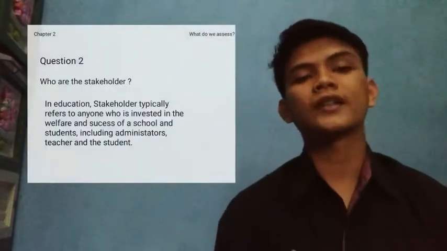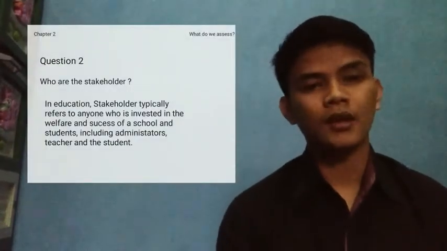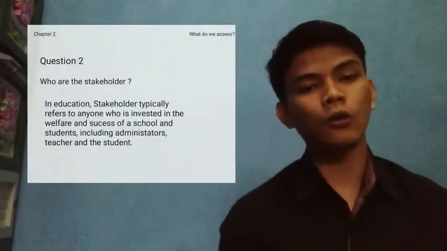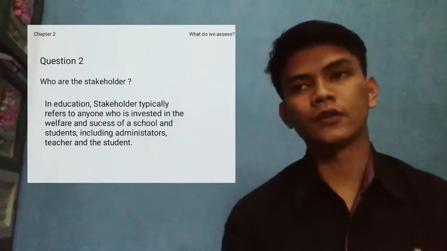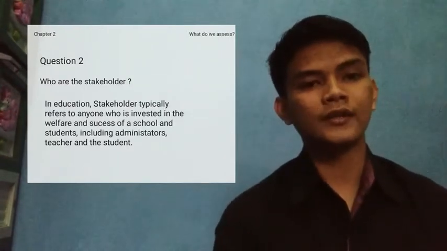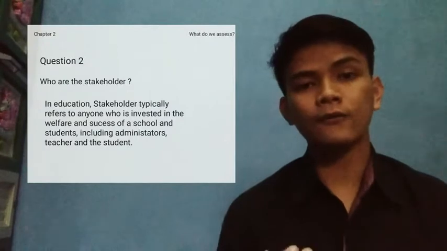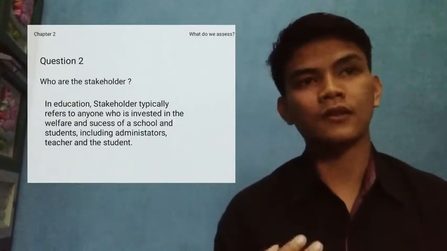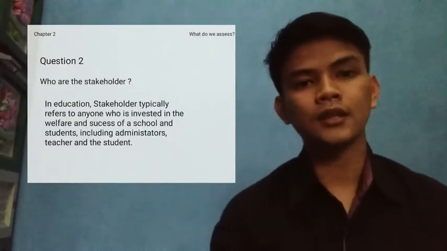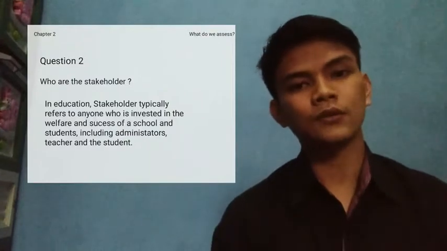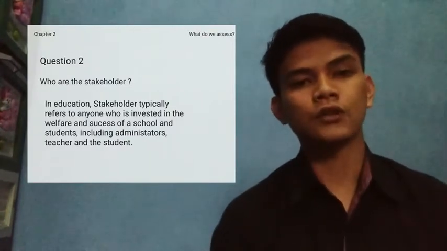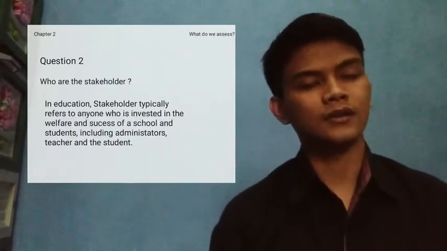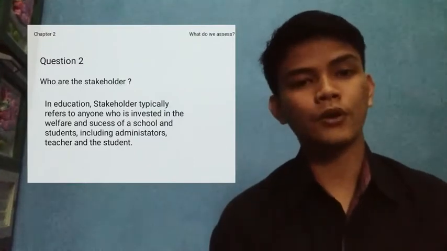And the second question is, who are the stakeholders? In education, stakeholders refers to anyone who is invested in the welfare and success of the school and students, including administrators, teachers and students, staff members, and so on.